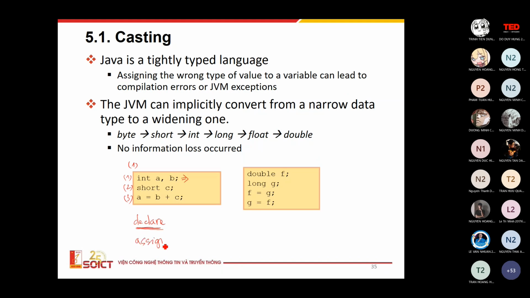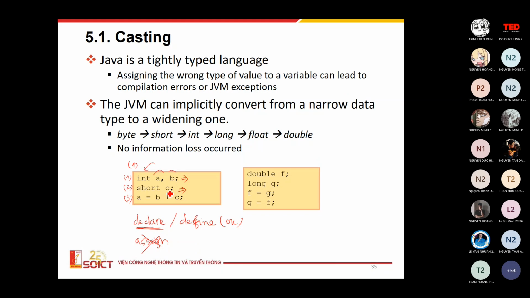Assign is no. You just declare, or you say you define. Yeah, you define or you declare. The 2 variables named A and B of the type int. Integer. Yes. Okay. Correct.